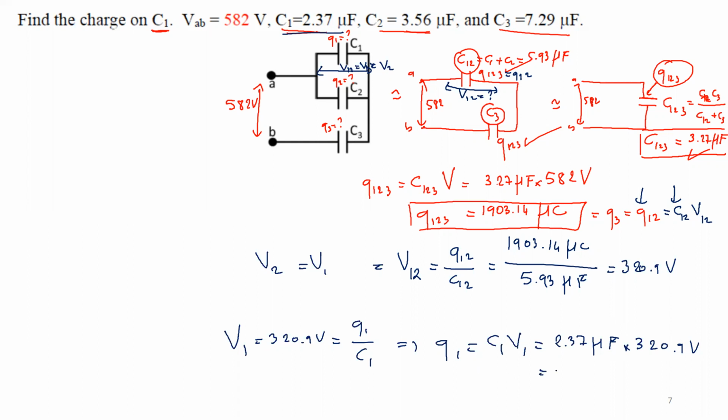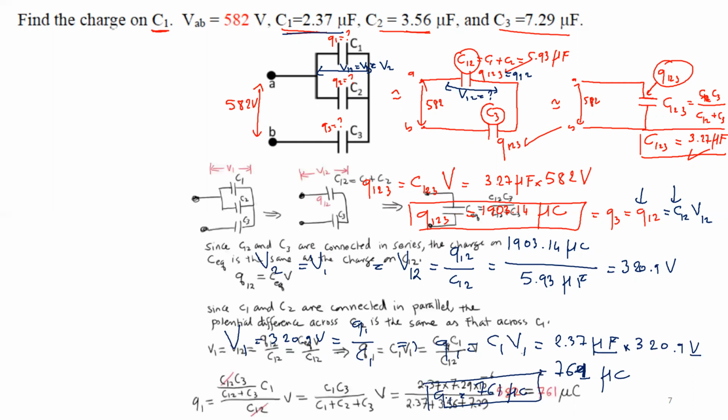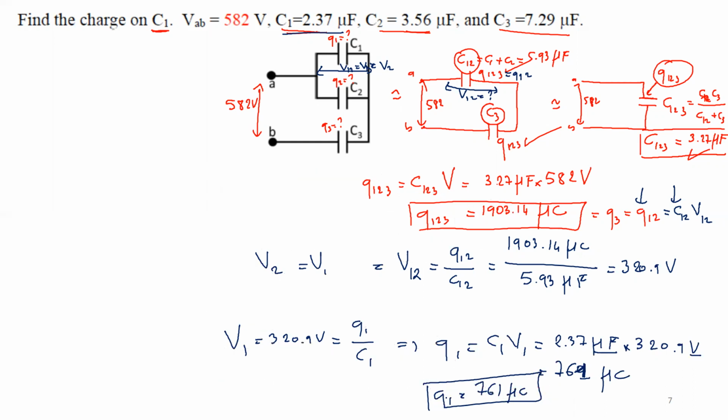This gives you 761. As a unit, microfarad multiplied by volt gives you microcoulomb. So Q1 is just 761 microcoulomb. Okay, that's what we get, 761 microcoulomb.